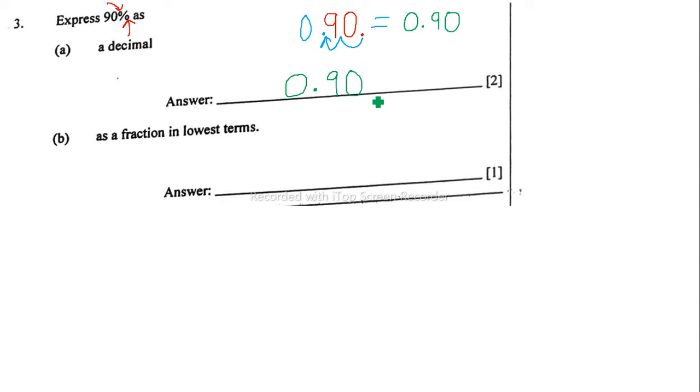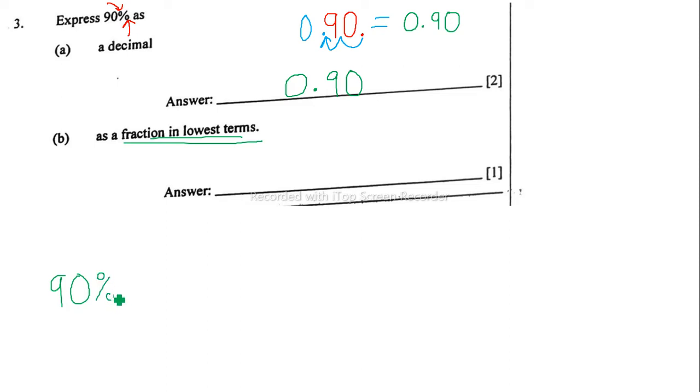Now they want a fraction. 9/10. Very good. Who said that? Lionel. Very good. So if we look carefully at 90%, you see these two zeros.